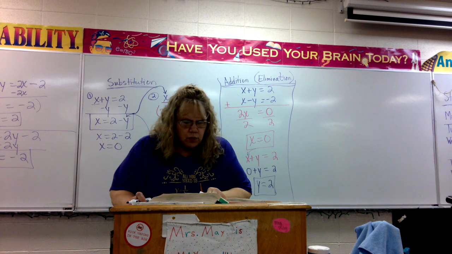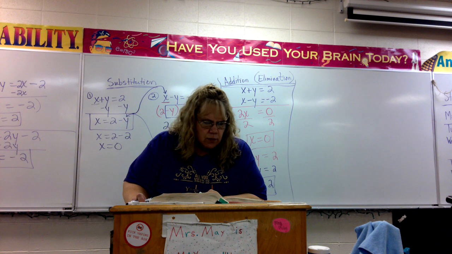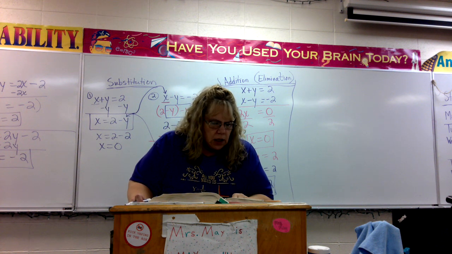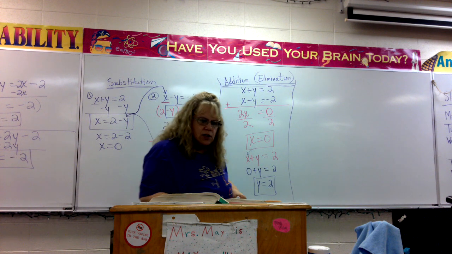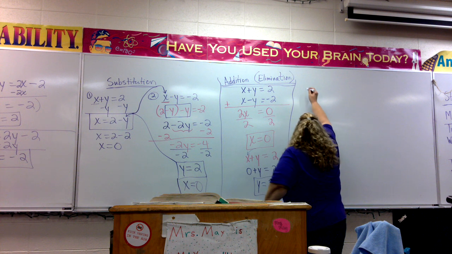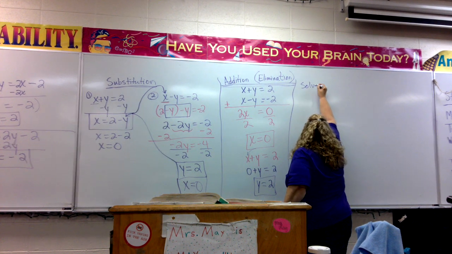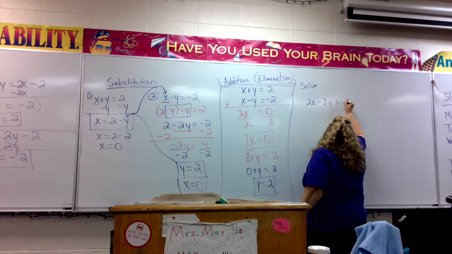What was the other one I gave you? 24 and 27. I don't want to do that one. I want to do number 8. 2x minus 3y equals 7. Solve. 2x minus 3y equals 7.